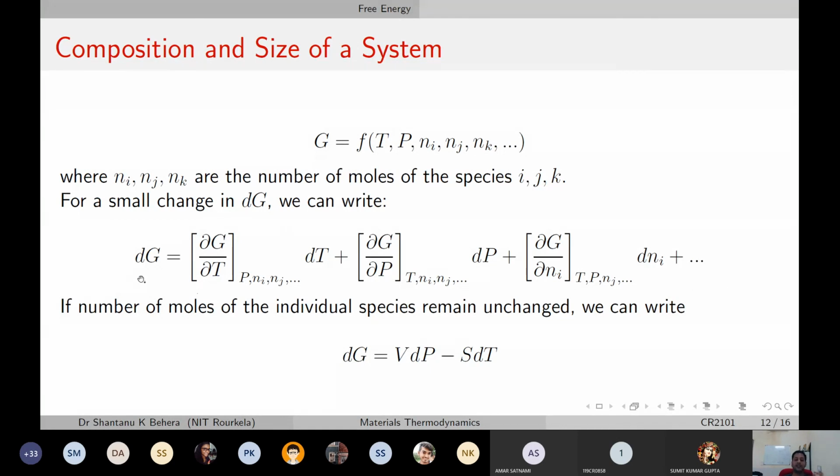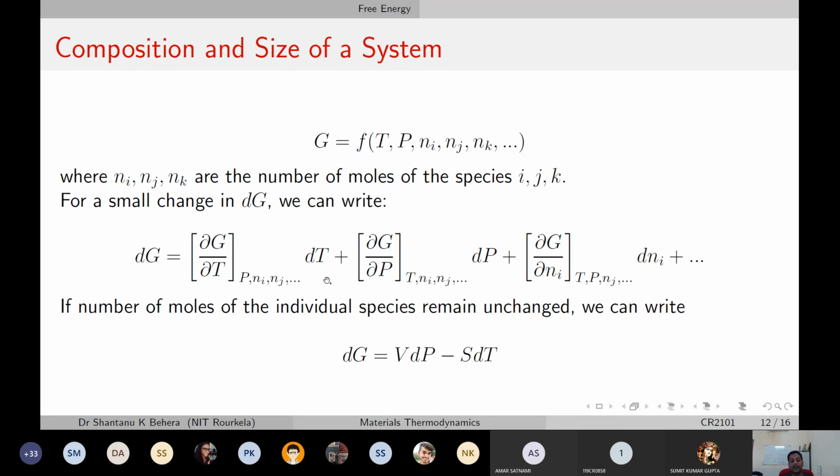It is dG, that's a change in the free energy of the system. That's a combination of partial G by partial T, when the other variables are kept constant, multiplied by dT, plus partial G by partial P into dP, where other than pressure, everything else is kept constant, plus partial G by partial Ni, where T, P, and other different components are kept constant.